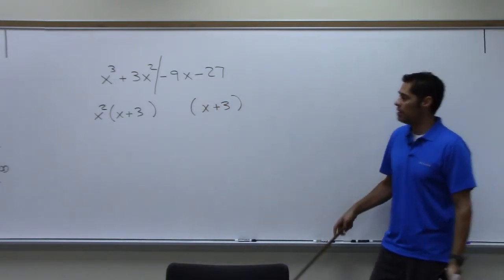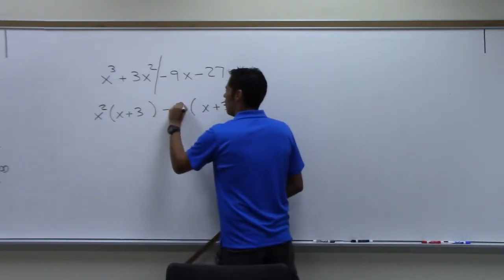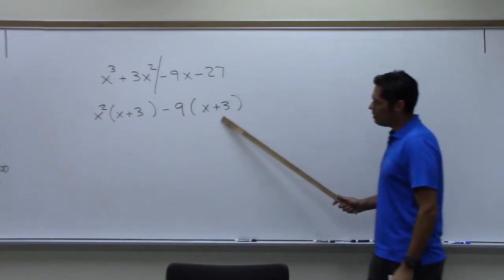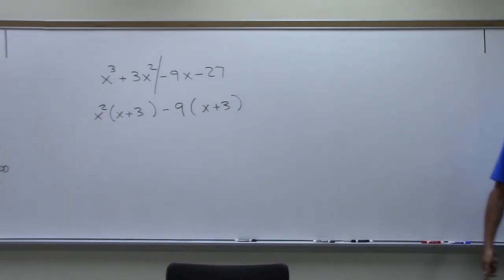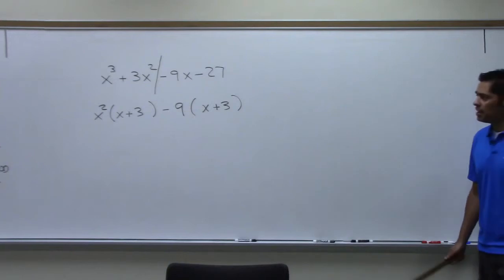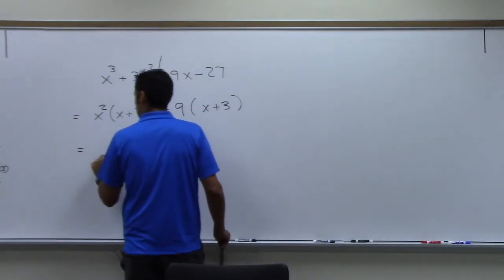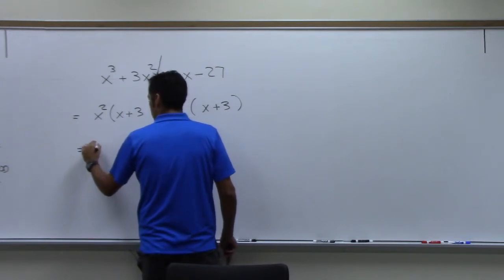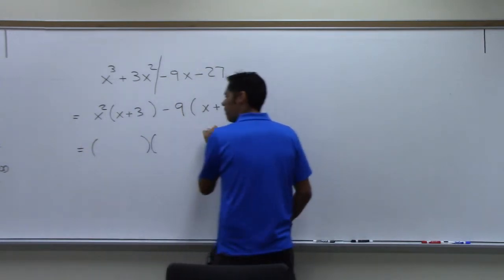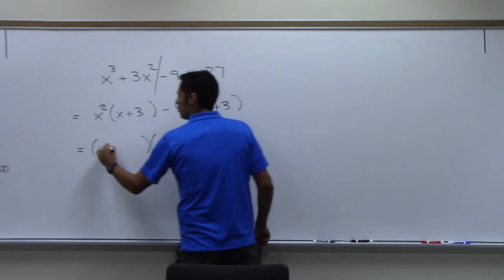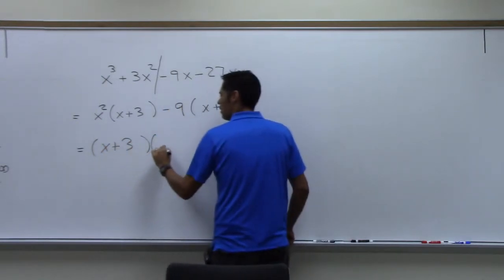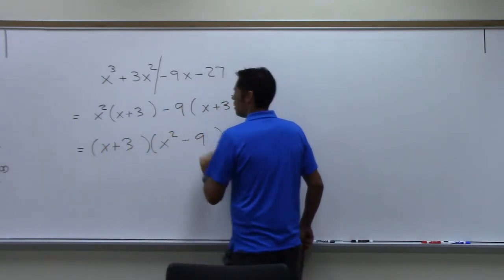Your only option for that is negative 9. And just double check, negative 9 times 3 is negative 27. So it works. What is the next thing that you write? You had 2 options on how to write this, don't you? X plus 3 minus 9.